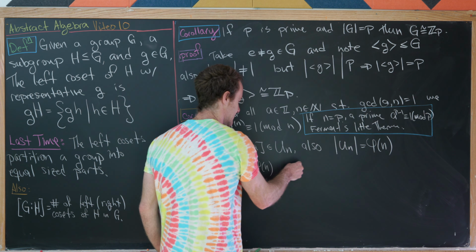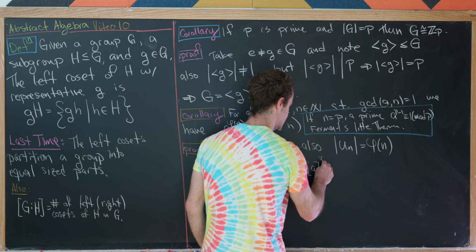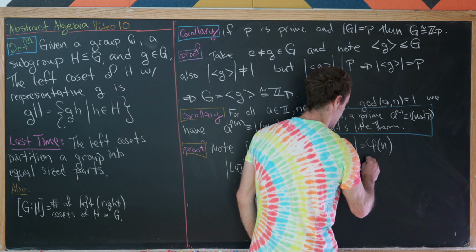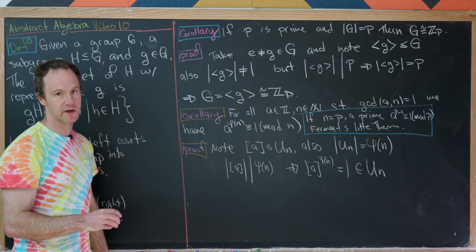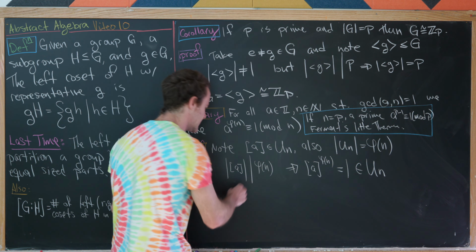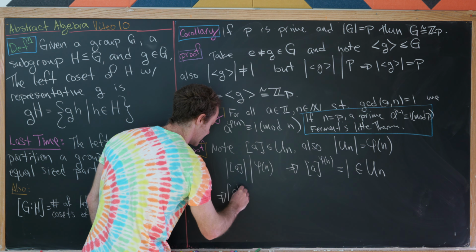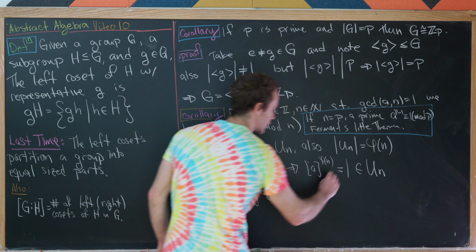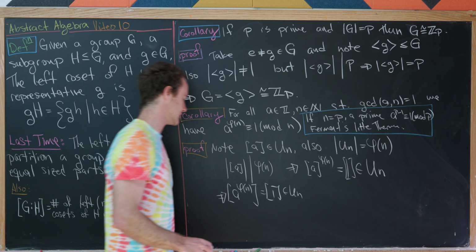But what does that tell us? That tells us that this equivalence class to the phi of n power is equal to 1, and let's recall that this is all occurring within the group of units U_n. But then we could simplify this a little bit to rewrite this as the equivalence class of a to the phi of n is equal to, I should really have an equivalence class of 1 here inside of U_n.